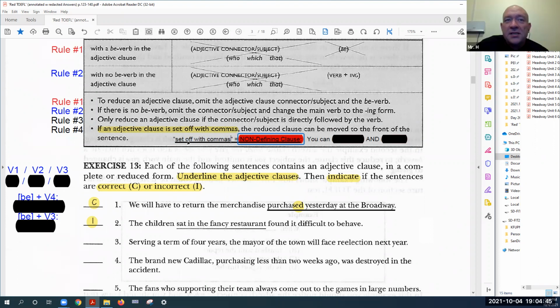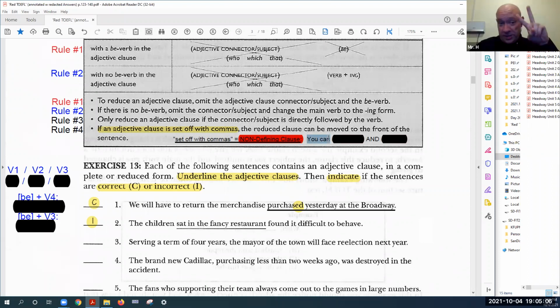And if it's separated, it is what kind of information? Is it necessary information or is it optional? Optional. Yes. And the name we use is called non-defining. Okay. It doesn't define.